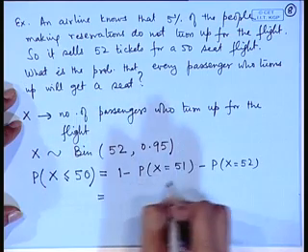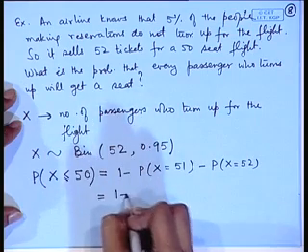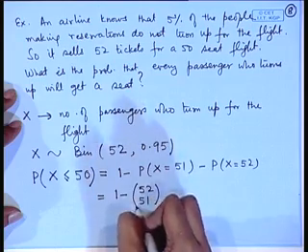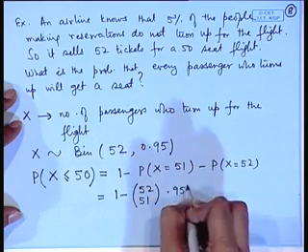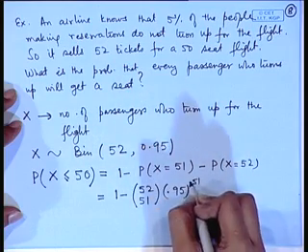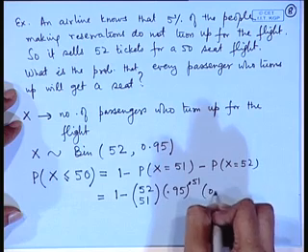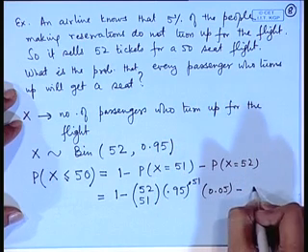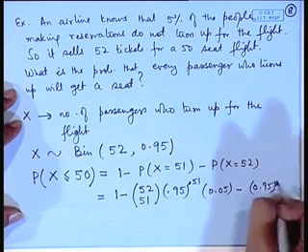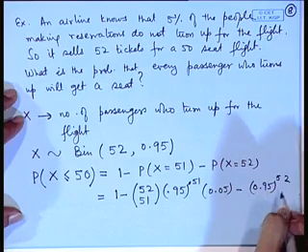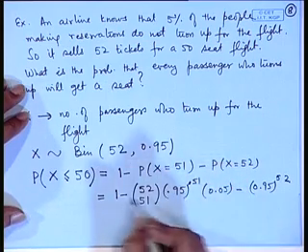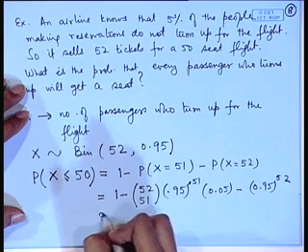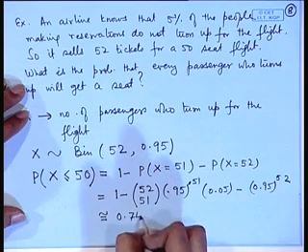Using the form of the binomial distribution, these can be easily calculated. This is 52 C 51, 0.95 to the power 51, 0.05, and the other term will become simply 0.95 to the power 52. These values can be easily evaluated and this probability turns out to be approximately 0.74.